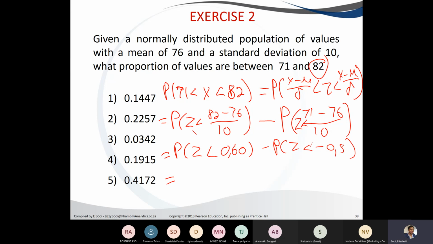If we go to the table to find 0.60 on the positive side, we find 0.7257. Minus, if we go to the negative side to look for minus 0.50, we find 0.3085. Therefore, 0.7257 minus 0.3085 is 0.4172.